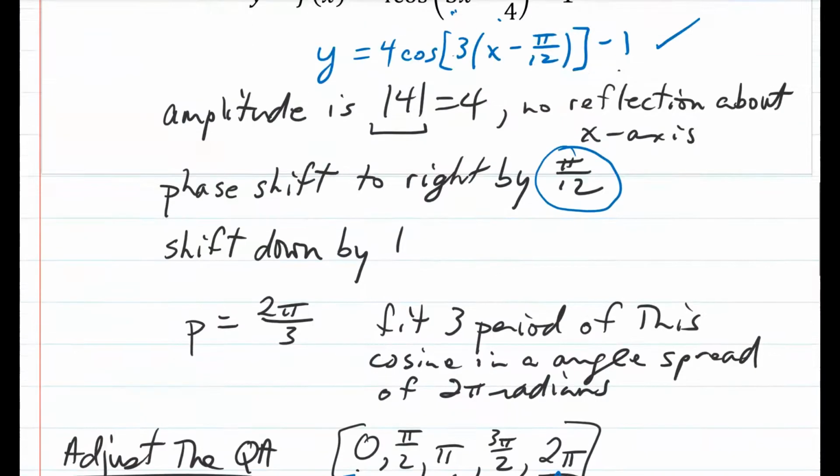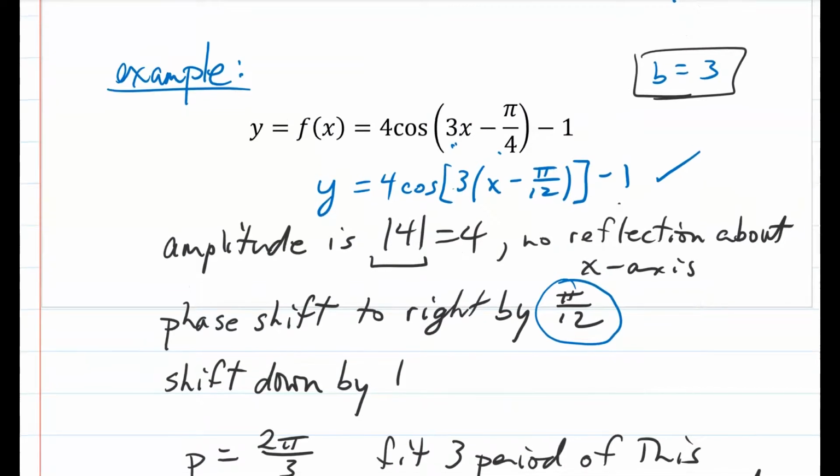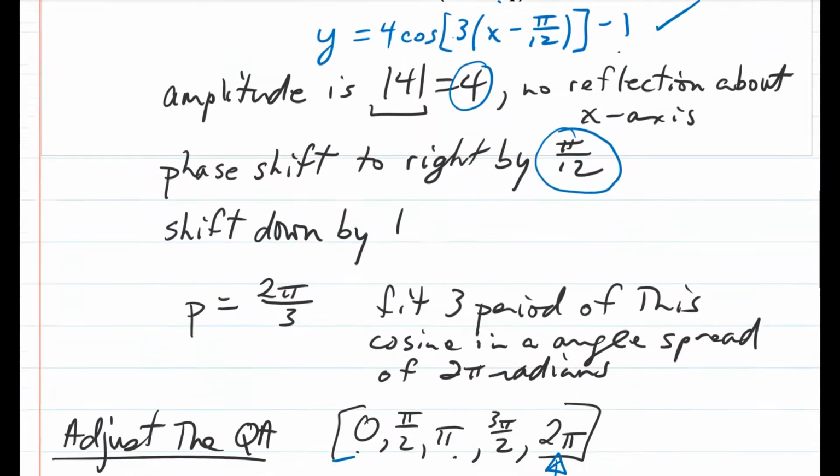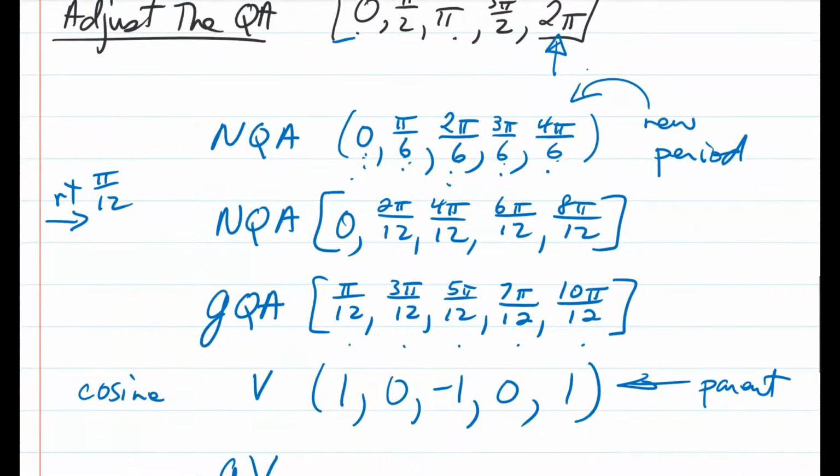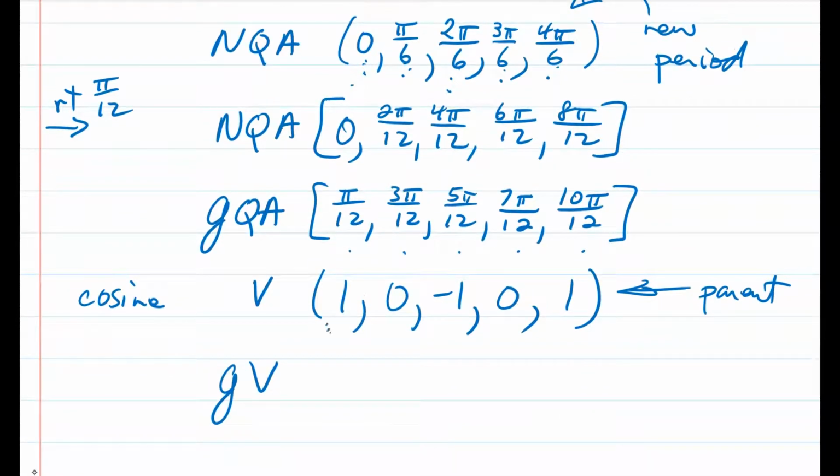So let's go get the amplitude. The amplitude is 4. Well, really, it's multiplying by the a value, to be quite accurate. It's multiplying by the a value, it's 4, and then we shift down by 1. So to each of these values, we're going to multiply by 4 and subtract 1. So 4 times 1 is 4, and 4 minus 1 is 3. 4 times 0 is 0, and 0 minus 1 is minus 1.